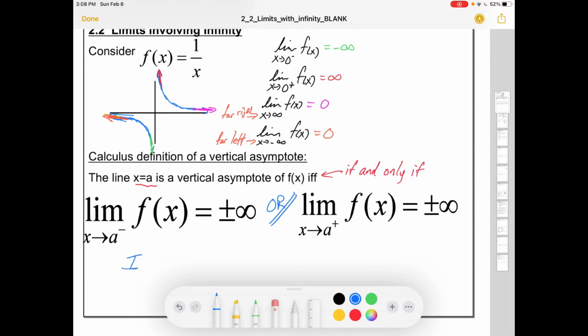So if a limit is infinity or negative infinity, we have a vertical asymptote. Now this seems kind of backwards because usually you'll recognize that the limit's positive or negative infinity because you know about the asymptote. Let's try a couple out.